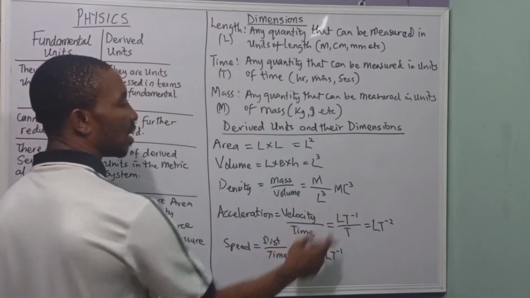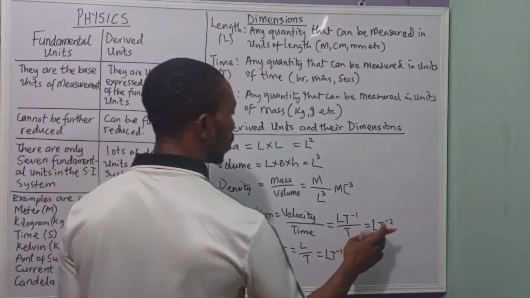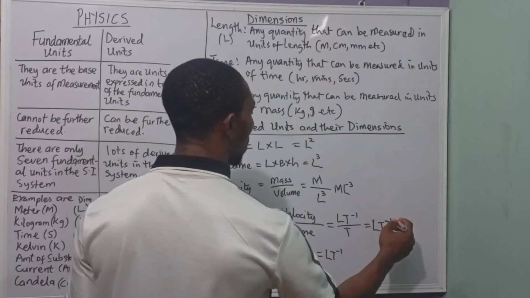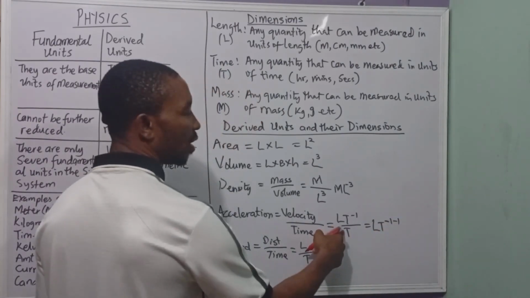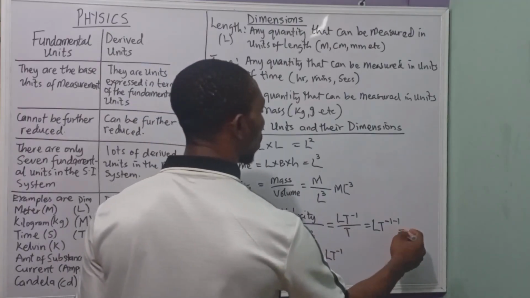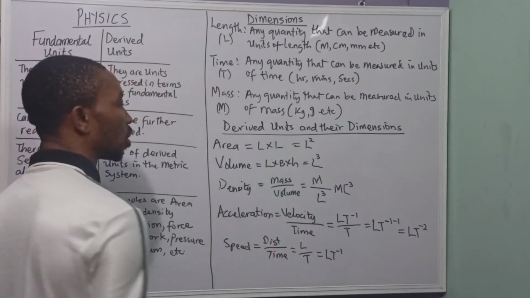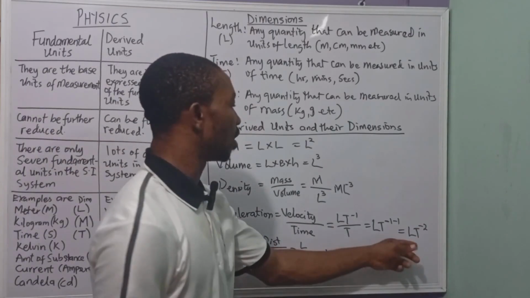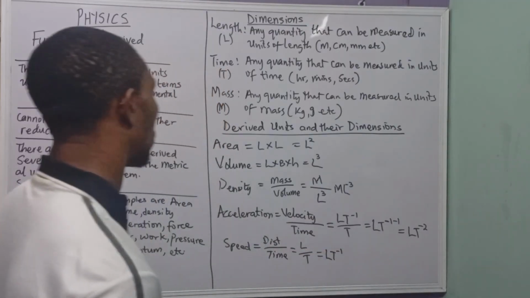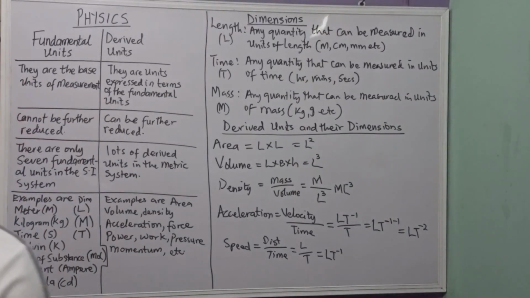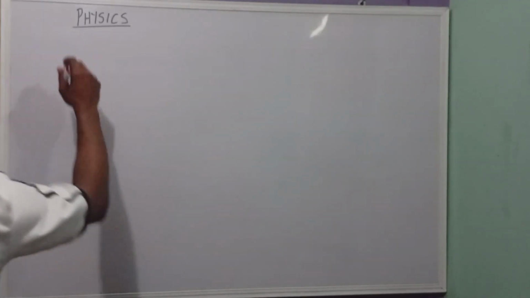Remember that this T is also to the power 1, so looking at our laws of indices, we have minus 1 for T and another minus 1 for the same quantity, which gives us L T raised to minus 2. So our acceleration becomes L T raised to power minus 2, and our speed will be L T raised to power minus 1. Next we'll be looking at force.